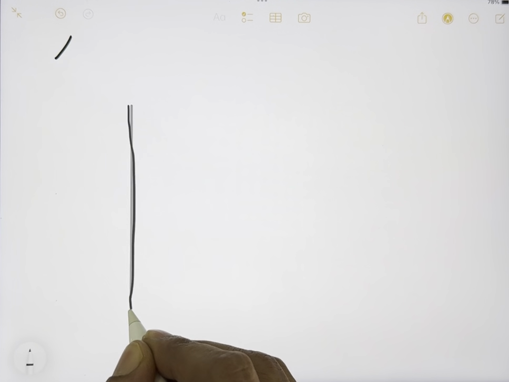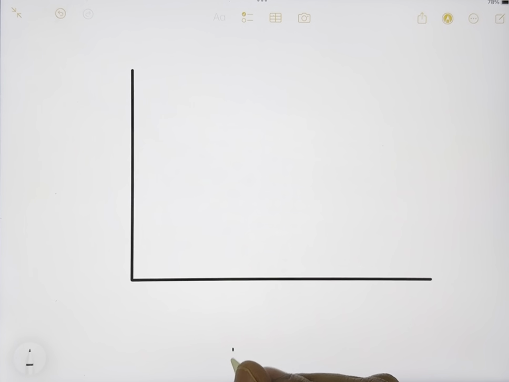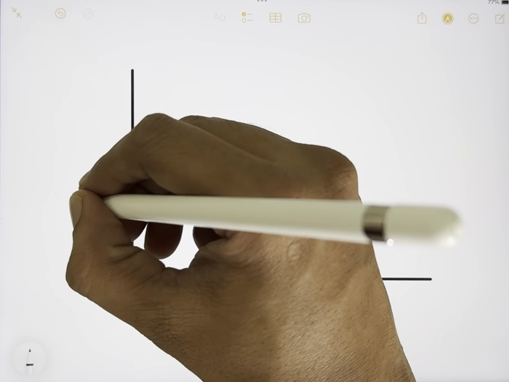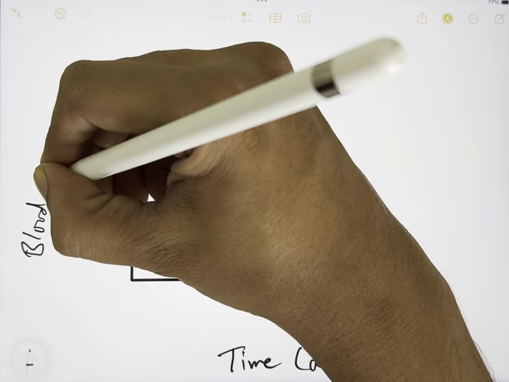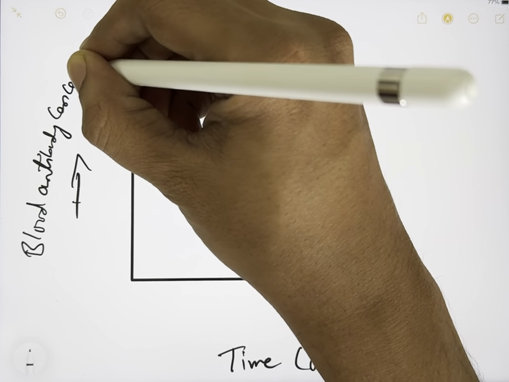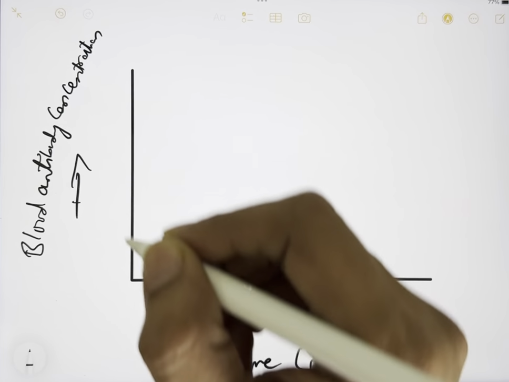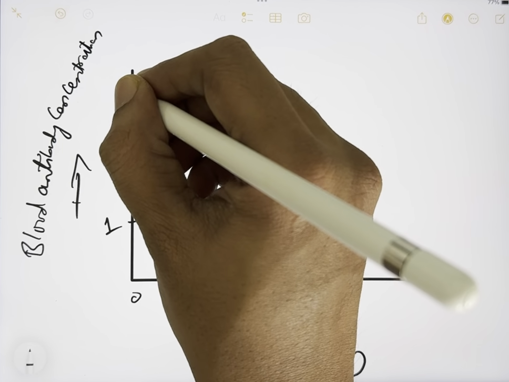On the x axis, let us consider this is the time, in days, and on the y axis, just consider this is the blood antibody titer, antibody concentration or titer, in arbitrary units, of course. We will put arbitrary units 10, 100 for antibody concentration.